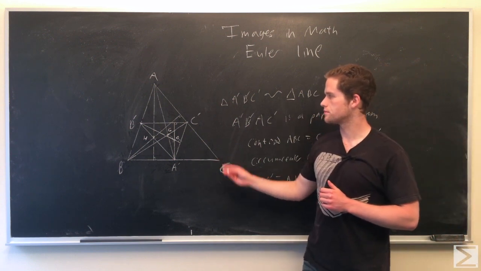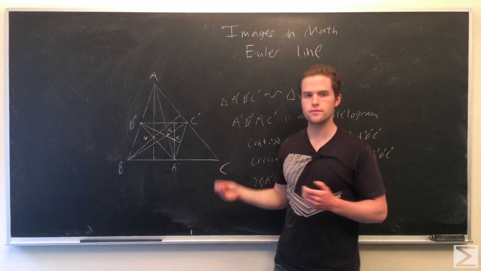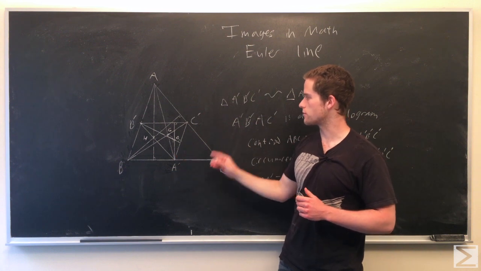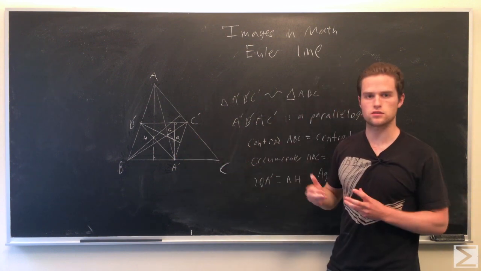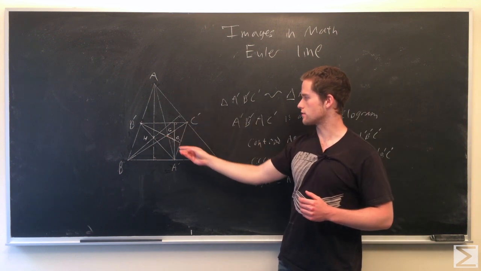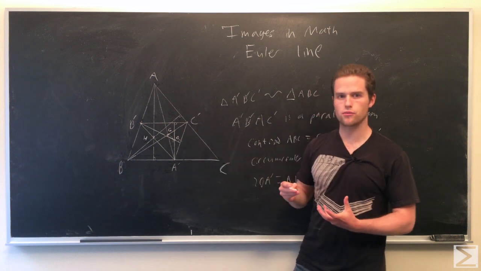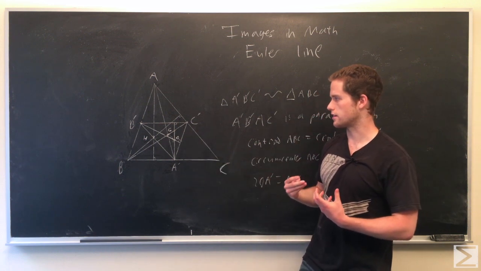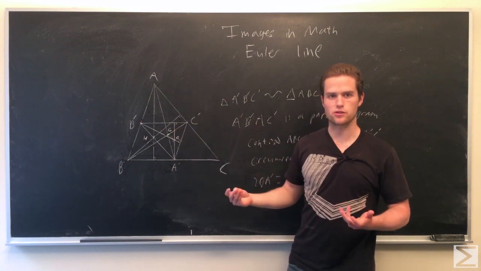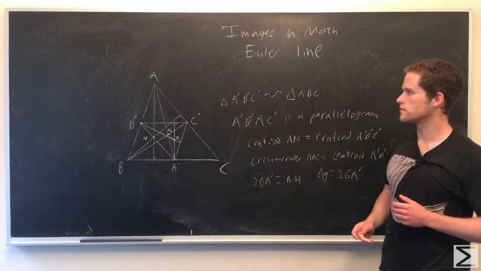Also, since ABC is similar to A prime, C prime, B prime, everything is just 1/2 in the smaller triangle. So AH is in fact twice the length of A prime O, because A prime O is the top half of the smaller triangle's orthocenter line, and AH is the top half of the bigger triangle. So we have 2 OA prime equals AH.